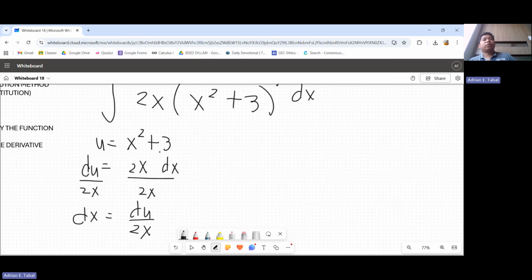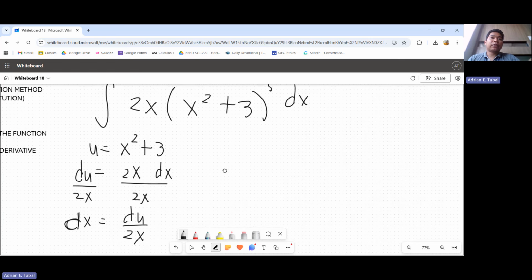So again, we first identify our u, the part that is hard to integrate, which is x squared plus 3. After finding our u, we find the derivative of u. So we say du is equals to 2x dx. Divide both sides by 2x, so we have the value of our dx, which is equals to du over 2x.